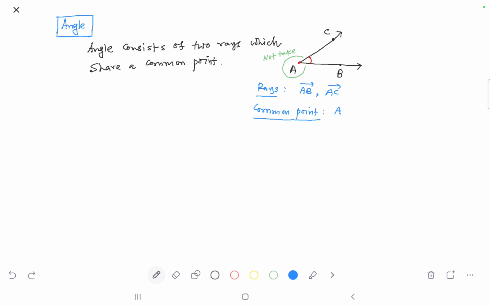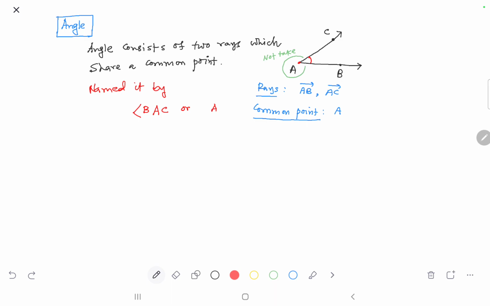Now let me tell you about the name, how you give the name of an angle. So an angle you can denote by taking three points. For this angle, we name it by taking the common point as the middle term. Then you put here PC with this notation, or you can put CB with this notation.